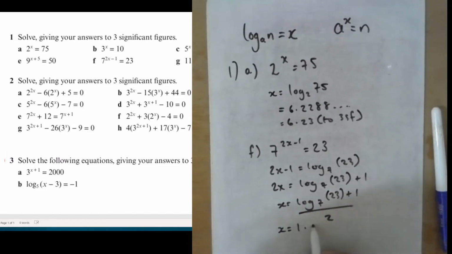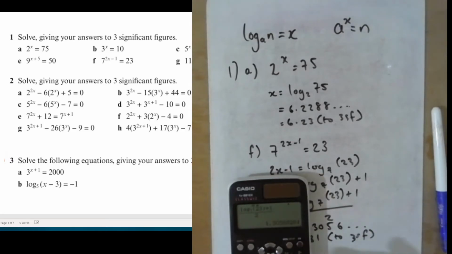So x is 1.30566 dot dot dot, which is 1.31 to 3 significant figures. So super easy if you have your Casio calculator.